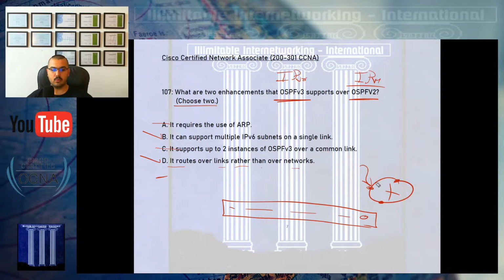The simple way is to enter this FastEthernet 0/1 and say OSPF v3. That's it. It's a short command for enabling OSPF v3. Whatever this interface carries as an IPv6 address, this address and its network will be included and advertised for OSPF v3 automatically. So it will be much simpler.